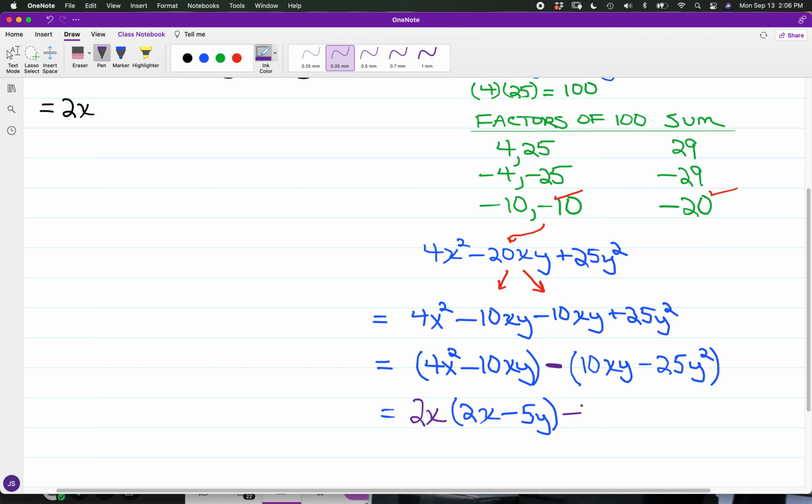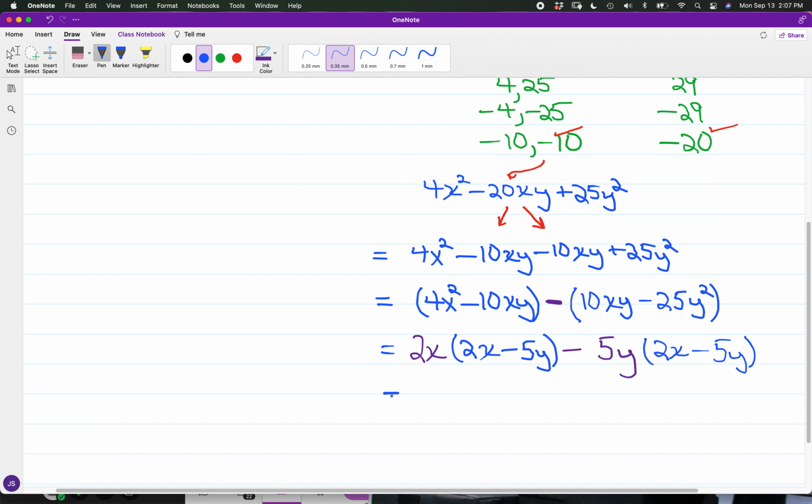Bringing down the subtraction, for the next greatest common factor between 10xy and negative 25y squared, we have 5y. Taking 5y into 10xy minus 25y squared, we have 2x, and 5y into negative 25y squared gives another negative 5y.